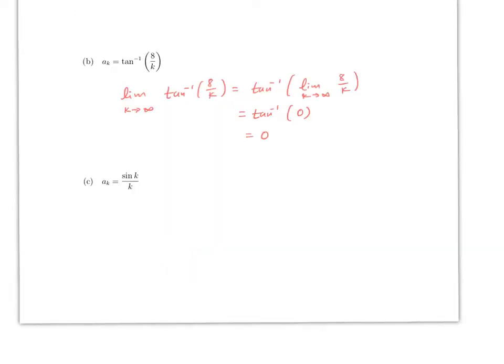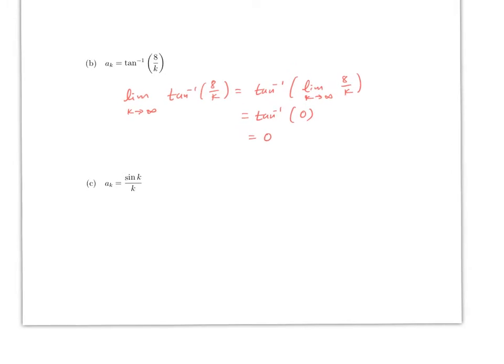Right, for part C, if we take the limit as k goes to infinity of sine k over k, notice that sine is oscillating between minus 1 and 1, so it keeps going from negative to positive. But since this is going to infinity, the whole thing is going to go to 0.